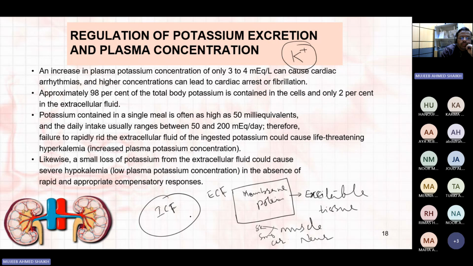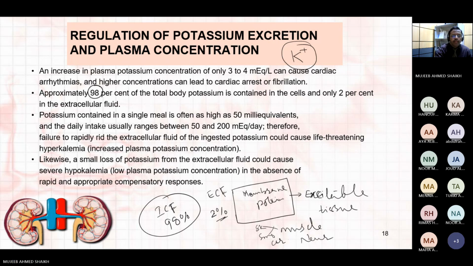Potassium is present both inside and outside, but where is it maximum? This is very advanced level and you are not able to say where potassium is high. 98% of the potassium is inside the cell, and only 2% is outside the cell.